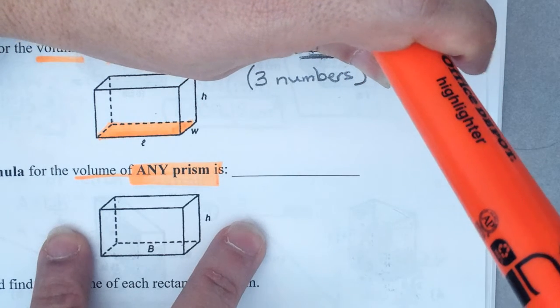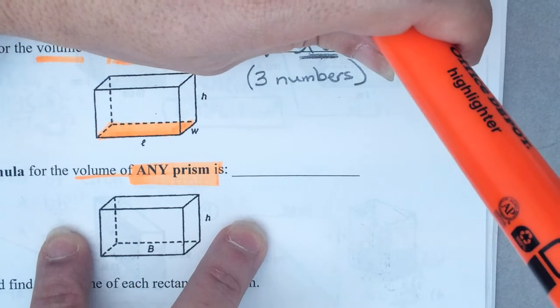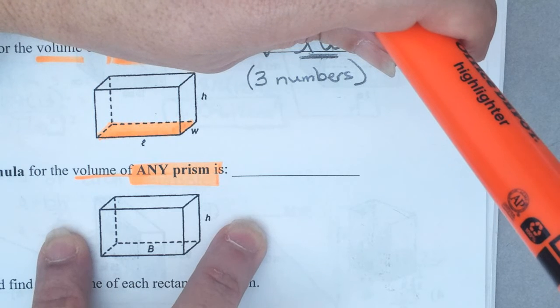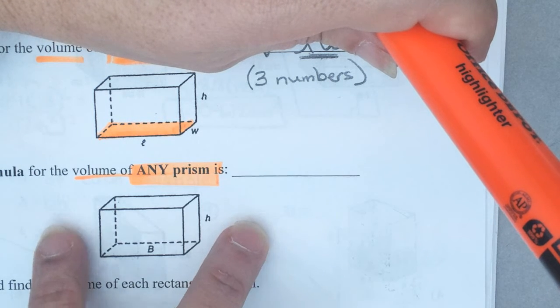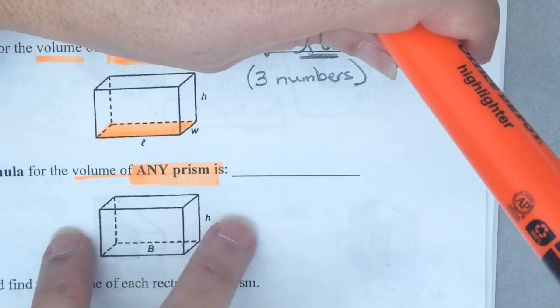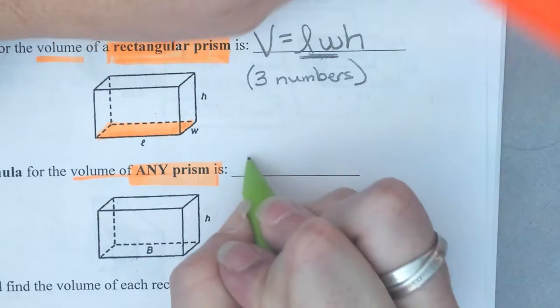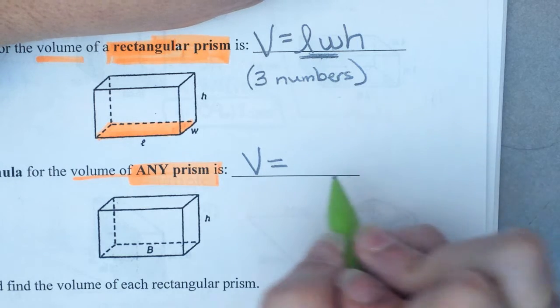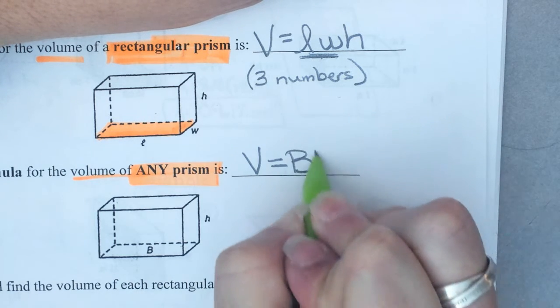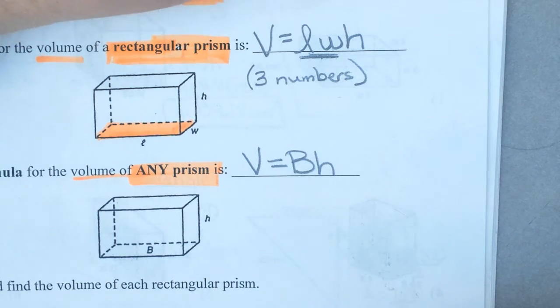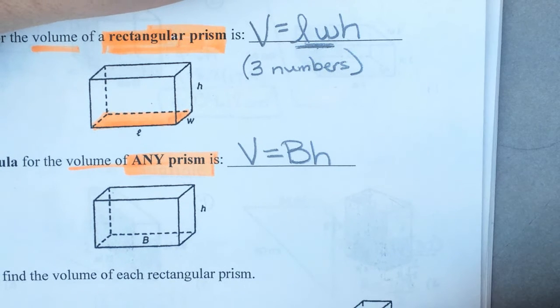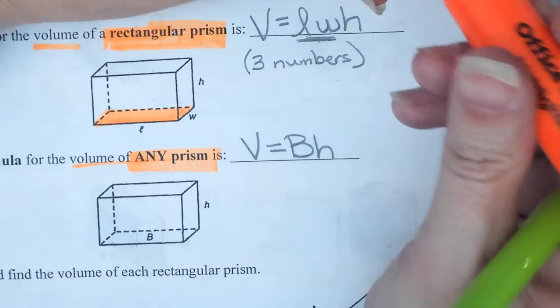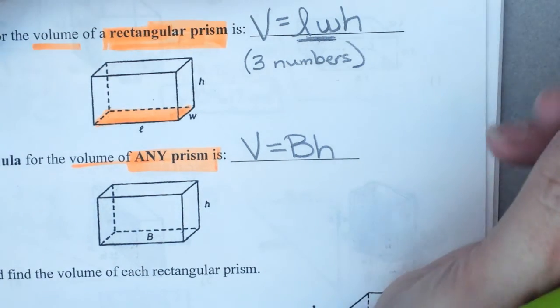What if the ends of this shape were octagons or hexagons or pentagons? Then they could use a formula of V equals big B, little h. It's kind of silly, they call it big B, little h. Meaning, what is the base of your shape, what's the height, and times the height.